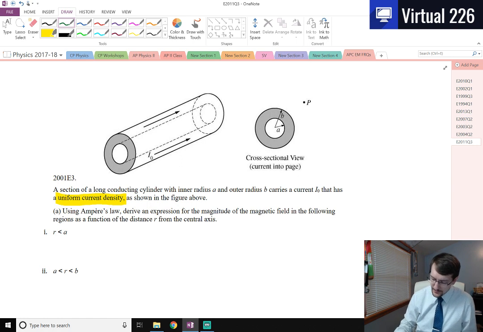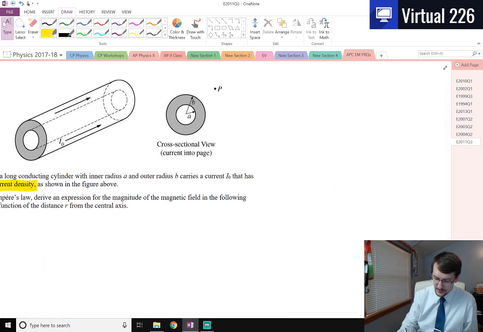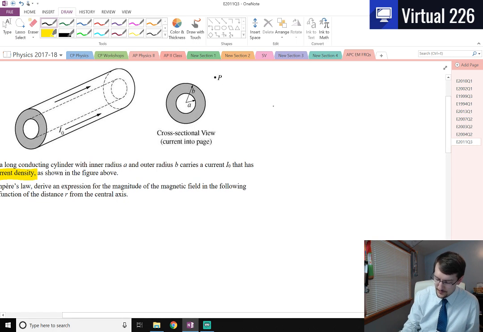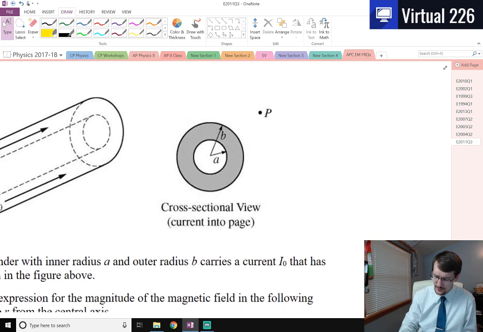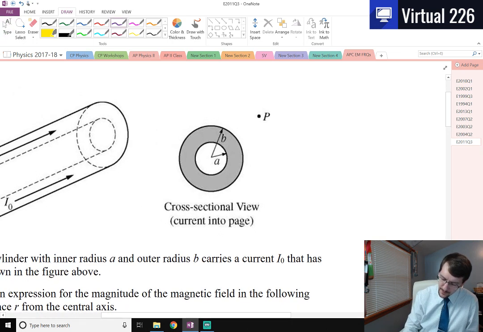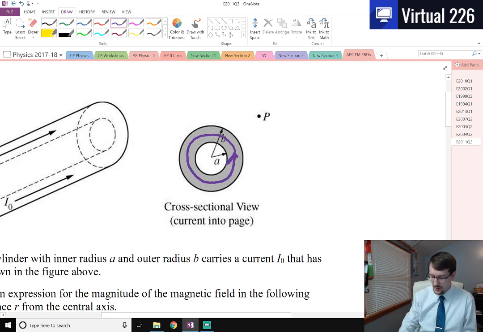Well, what we have to first think about is, what is Ampere's law? And Ampere's law in general states that if we make a closed path integral of a length around some region. So let's look at this cross section here. If we made a closed loop, a nice circle, around some region, then we could write that as the closed loop integral.